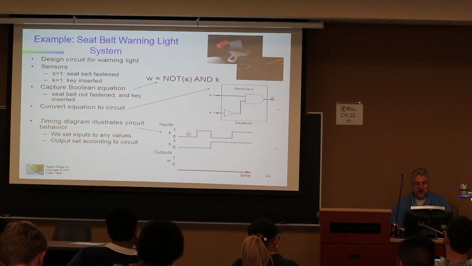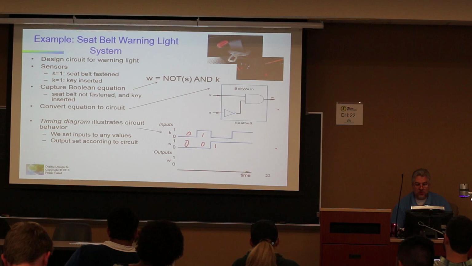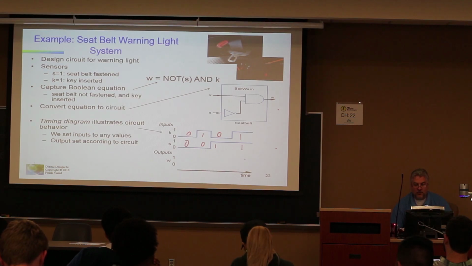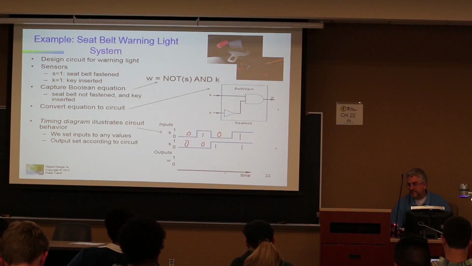K is 0, S is 0. K is 1, S is 0. Then S is 1 and K is 0. And then both K and S are 1. So look at this. If we have two inputs, this is all the combinations: 0, 0, 0, 1, 1, 0, 1, 1.